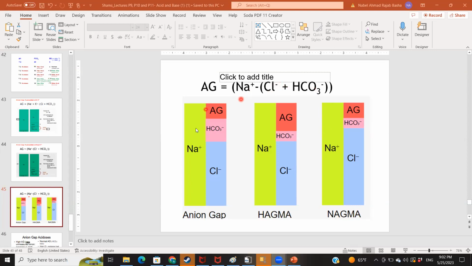Bicarbonate went down, however chloride increased.